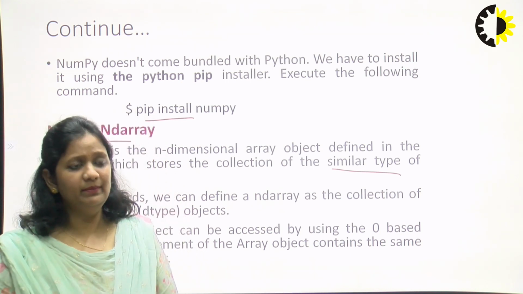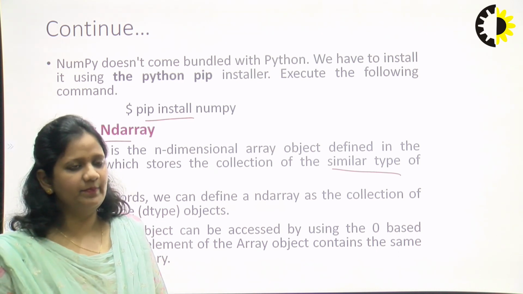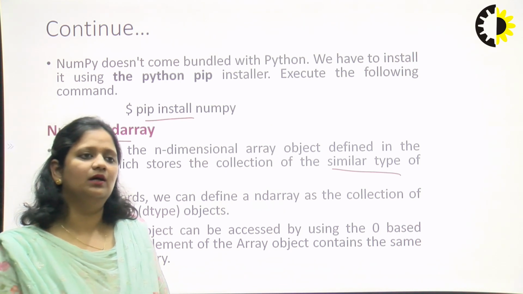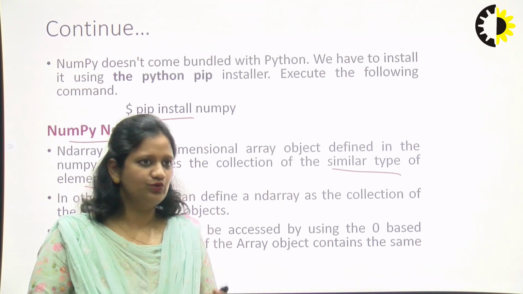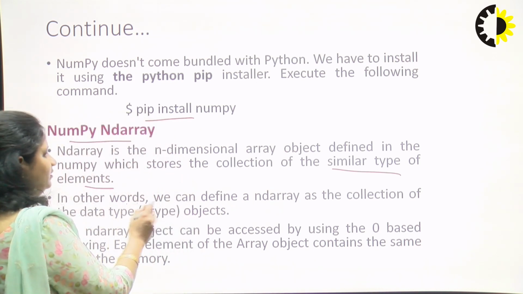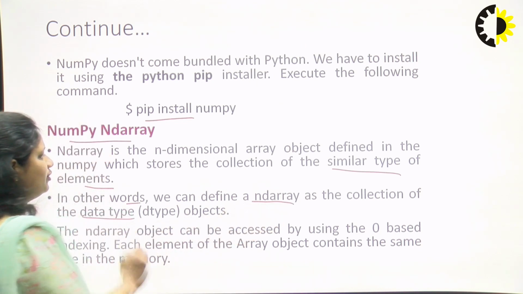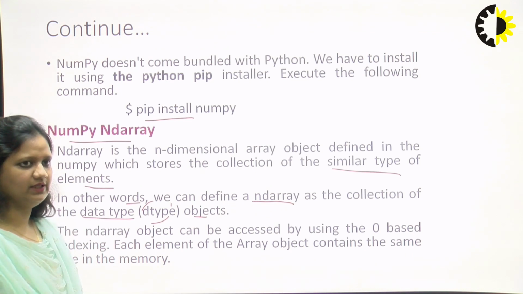An array is a collection of similar data types. In other words, we can define an ndarray as a collection of a dtype object.